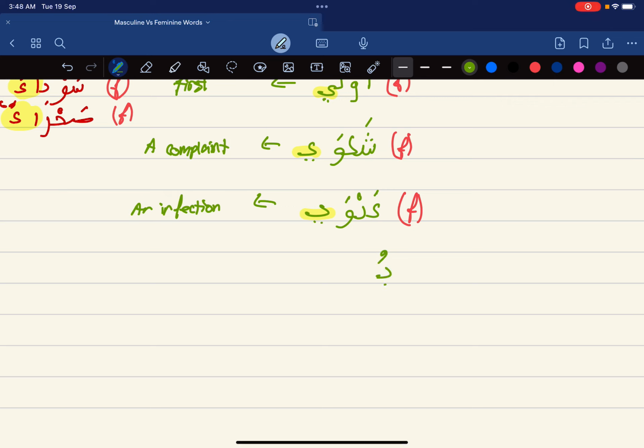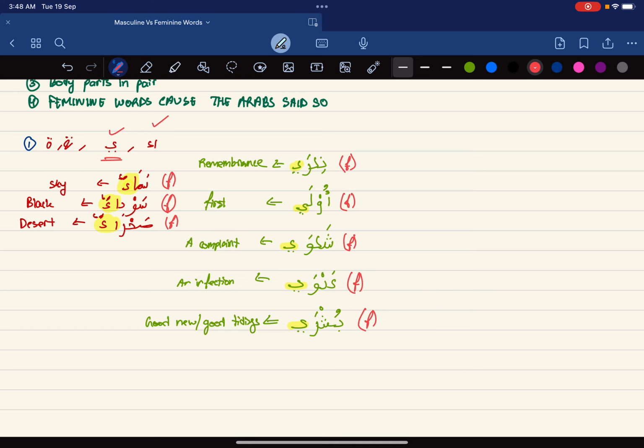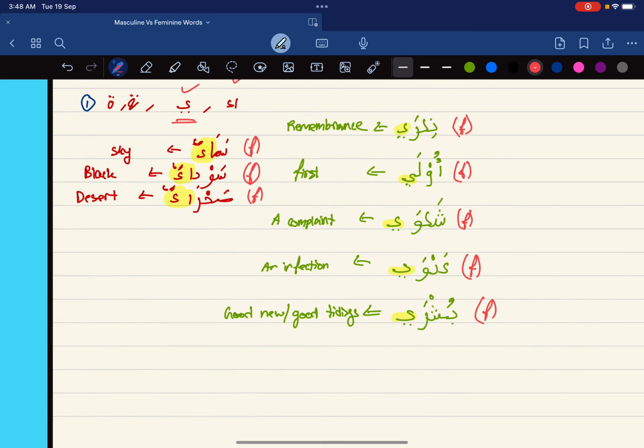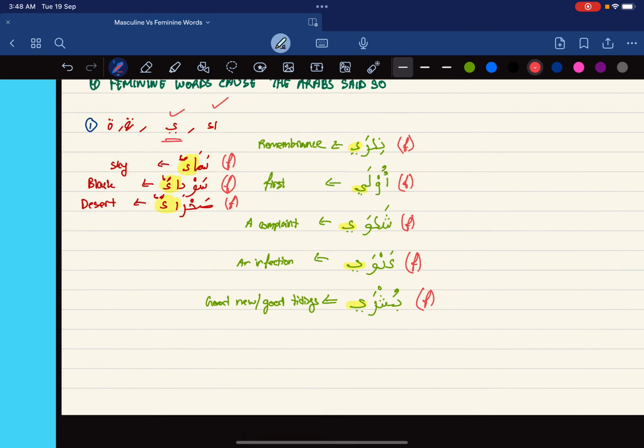Last word, bushra. Bushra means good news or good tidings. Very famous Quranic verse, right? Again, feminine. So we've seen the ya and hamza and alif and hamza combination endings.